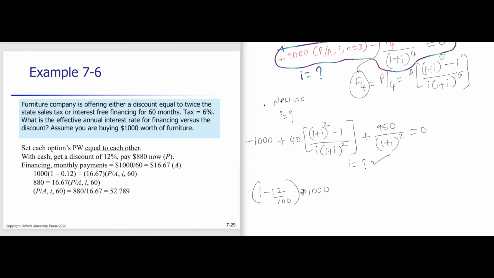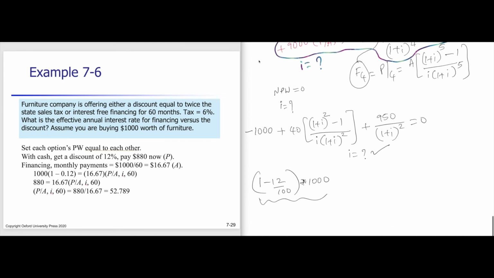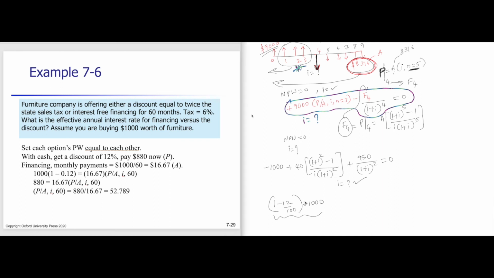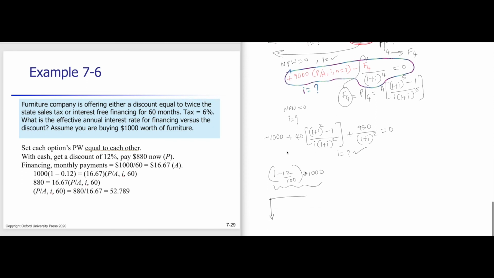In this case, what we have is money going out of our pocket, and that would be 1 minus 12 over 100, 1 minus 0.12 times 1,000, which gives 880. So we are paying $880. So this is 880.